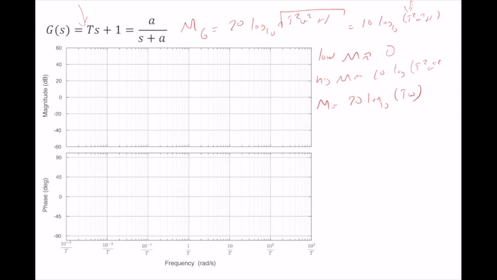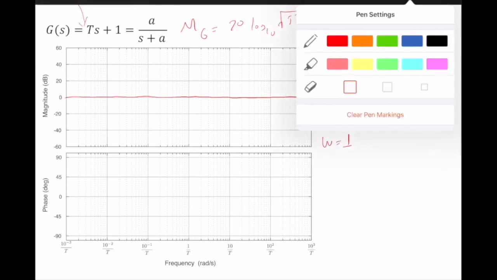Okay, so at low frequencies, I know that it will be 0. I don't know where to stop. I'm just throwing everything. At high frequencies, I will have this function. Okay, so let's plug in omega equal to 1. What happens? Okay, sorry for that. So what I will do is different. Let's clean.